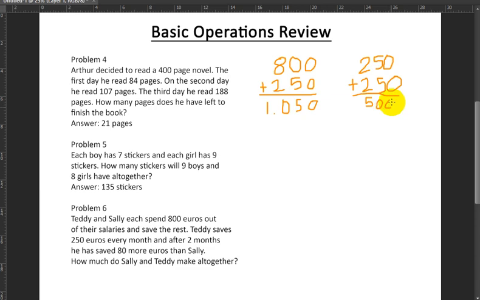And we're being told that that is 80 more than what Sally has saved. So we need to find the difference. Meaning I need to do 500 minus 80, which would give me 420.